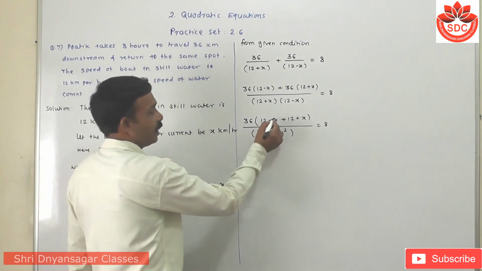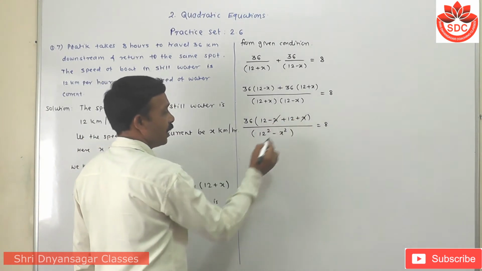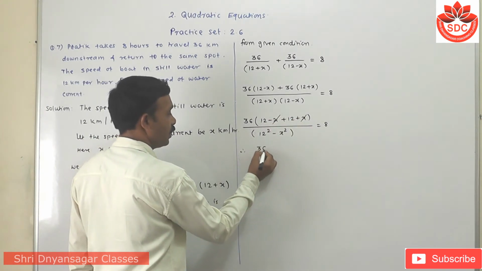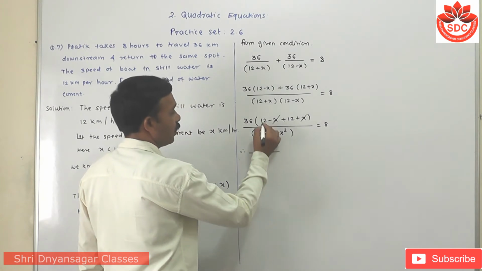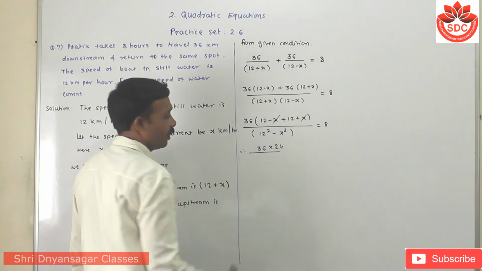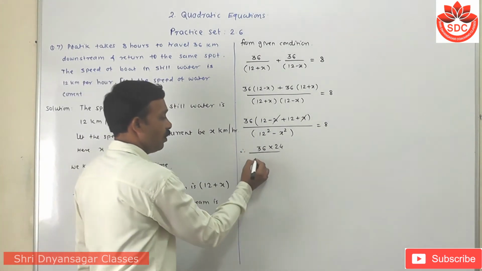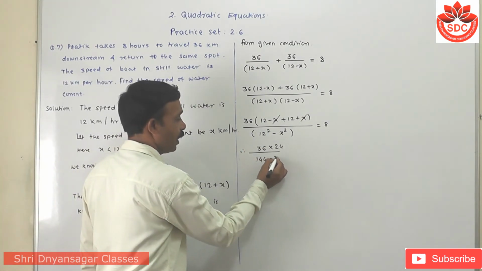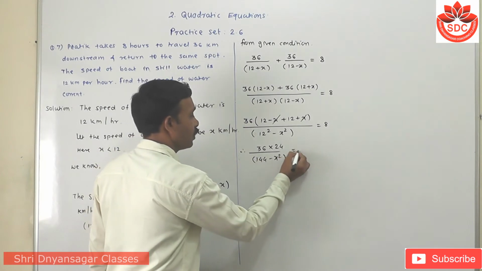Then student, minus x and plus x get cancelled, so 36 into 12 plus 12 becomes 24, upon 144 minus x square is equal to 8.